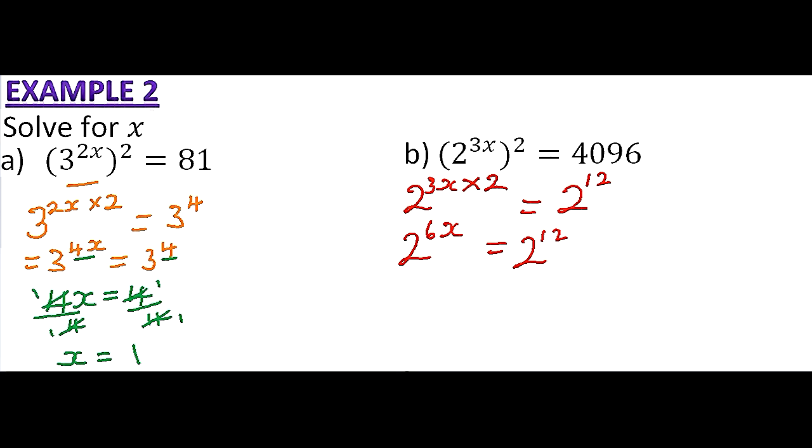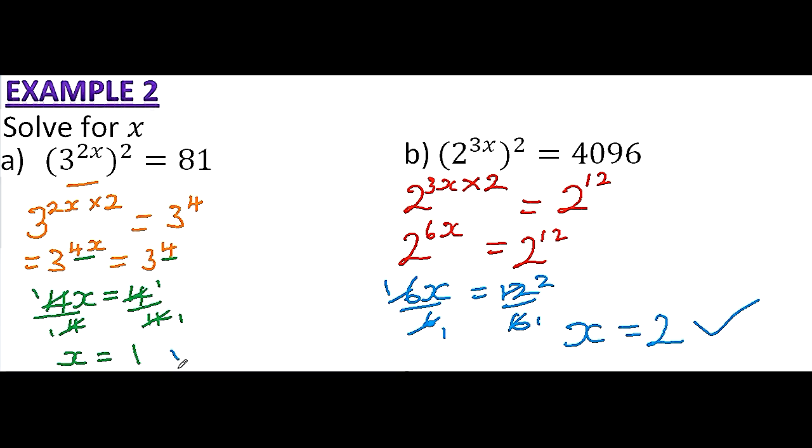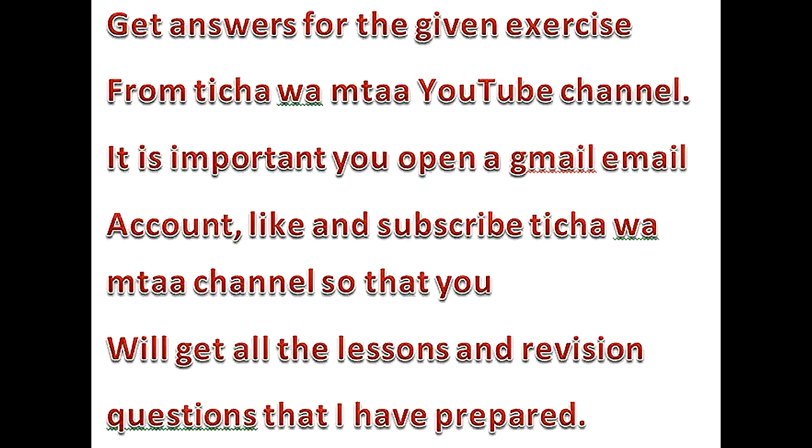Now that we have a common base, which is 2, we can equate the indices and say 6x is the same as 12. Divide both sides by 6. 6 divided by 6 is 1. 12 divided by 6 is 2. So we have our x is equal to 2. So that is how you work out such a problem.